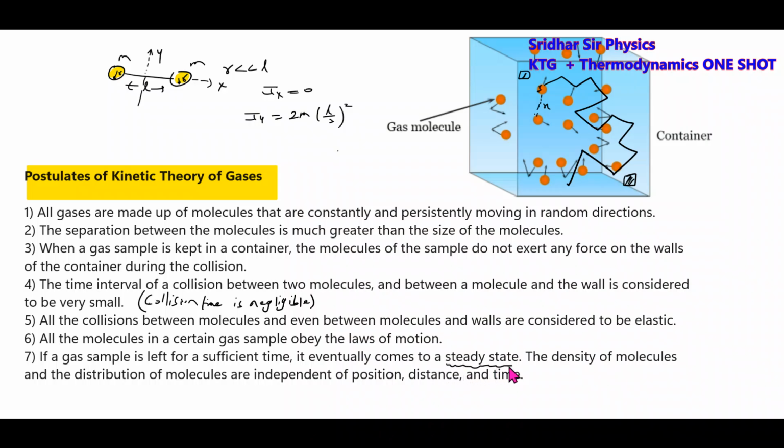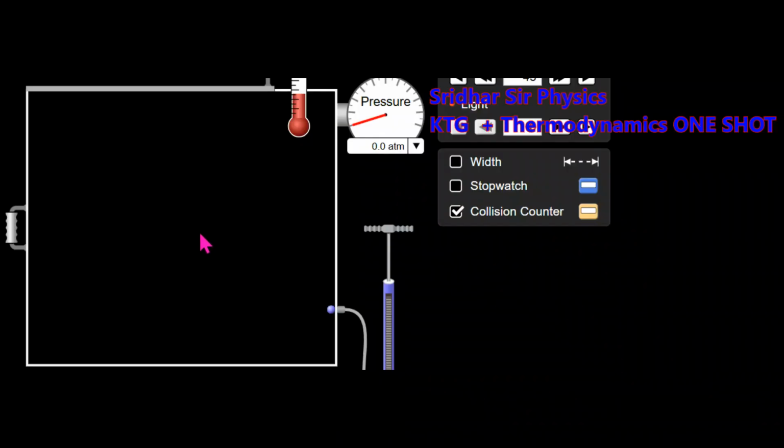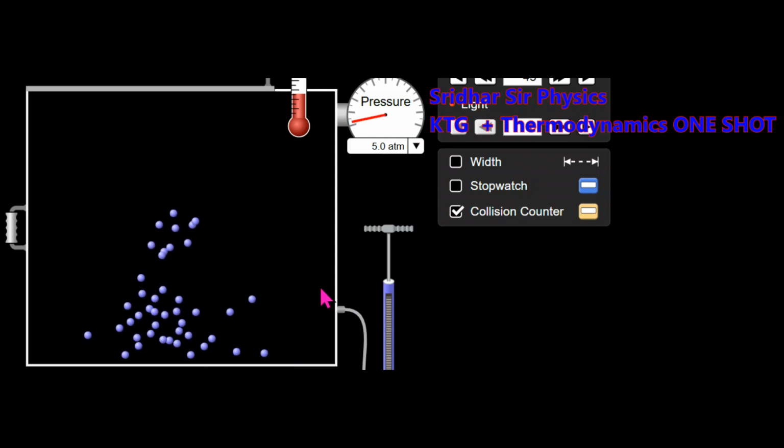Very, very important idea. Okay sir, how will the gas molecules collide? How do they move? Now there's a vessel, a glass vessel, some container. Here we'll introduce n moles of ideal gas. These molecules will be going and colliding.